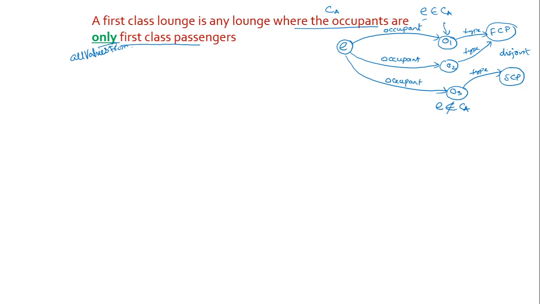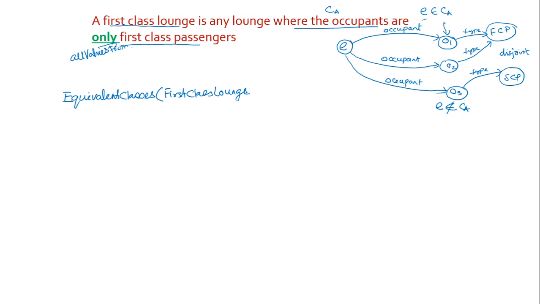Now how do we write this? So, equivalent classes, and we are defining first class lounge, right?